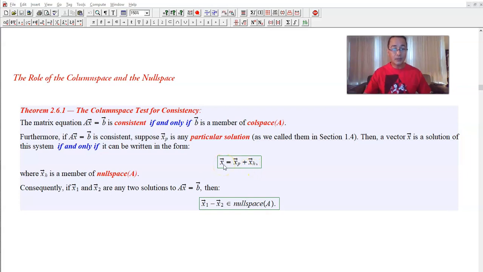So if x1 is xp plus xh1, and x2 is the same xp plus xh2, then when you subtract them, x1 minus x2 will be on the left, and xp will cancel from the two equations. We're going to get xh1 minus xh2. But the null space is a subspace, so xh1 minus xh2 is still going to be a member of the null space.